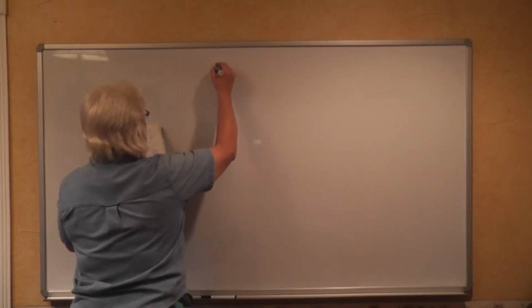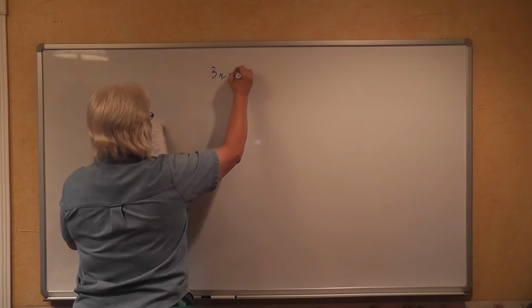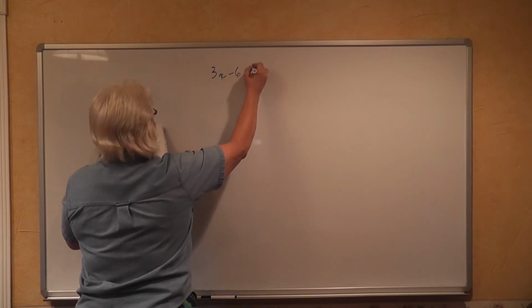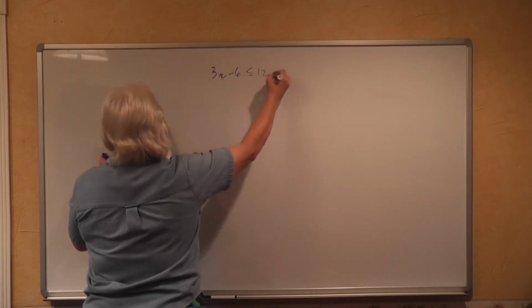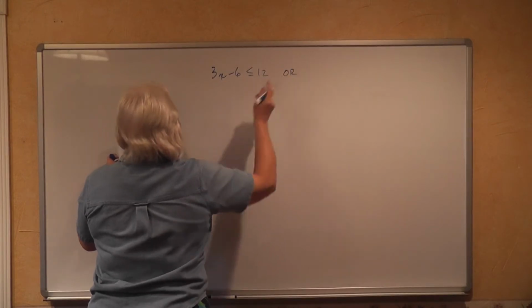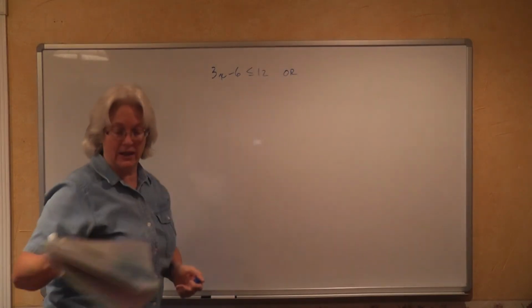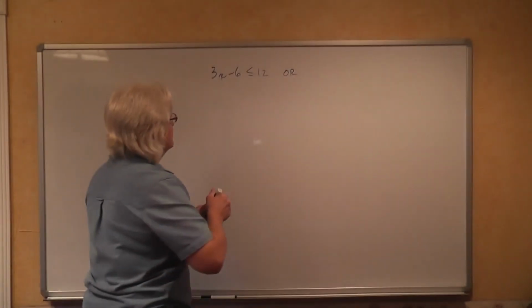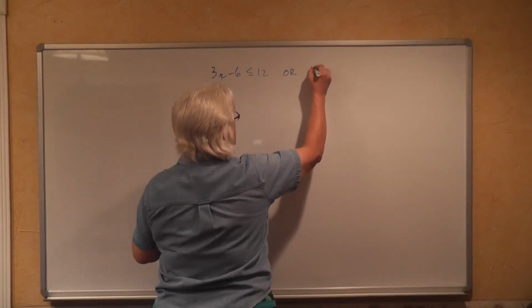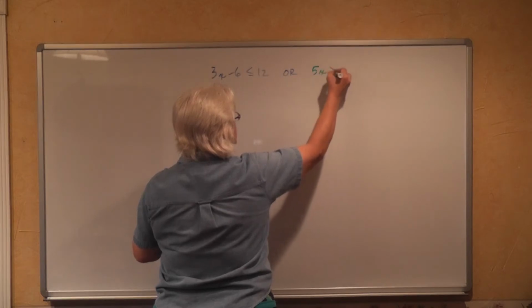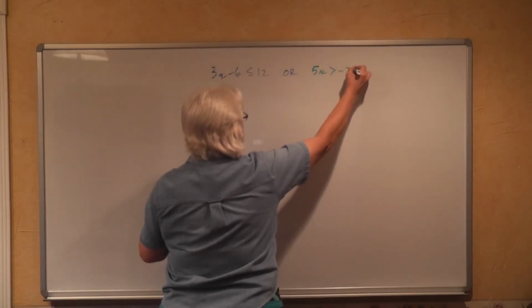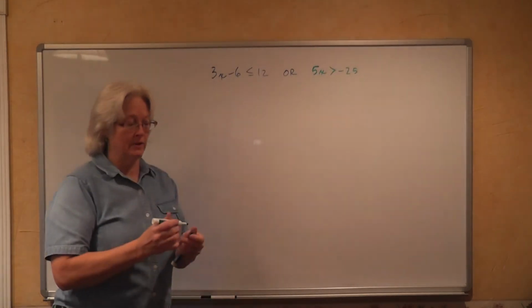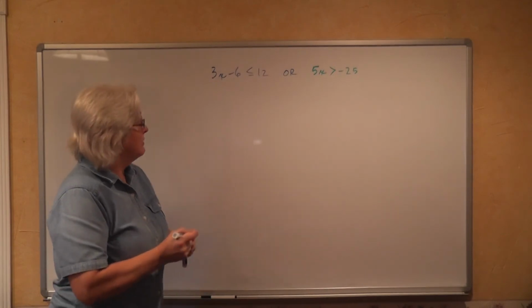We have 3x minus 6 less than or equal to 12, or 5x greater than -25. Five x is greater than -25. So what do we have going on here?